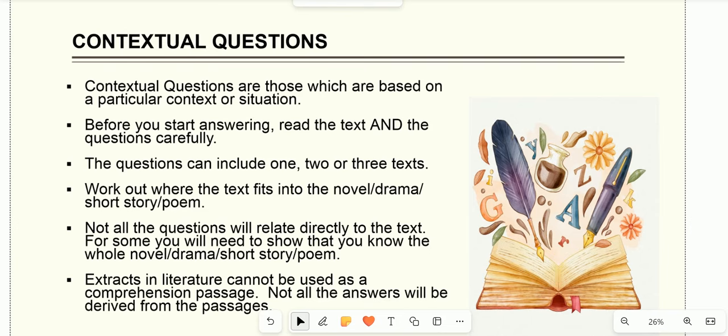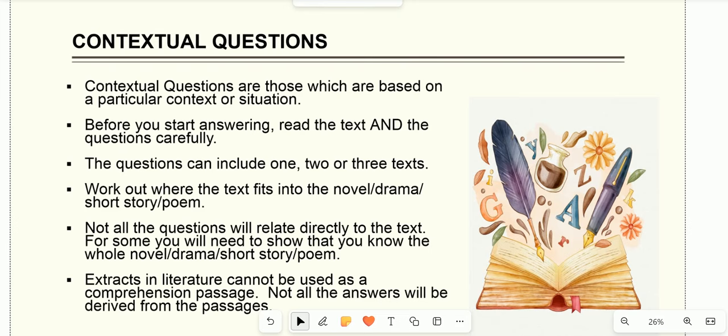But also remember, it's not all about understanding the set genres. After establishing understanding, it is important to sharpen the skill on how to approach literature questions, and most importantly, how to maneuver around tomorrow's questions. We are going to have contextual questions, those based on a particular context or situation, because you will be given extracts.